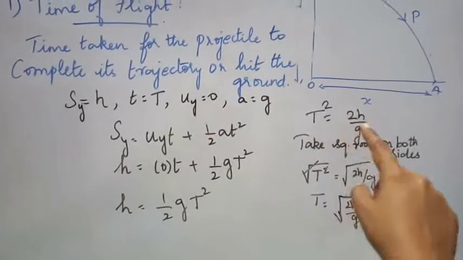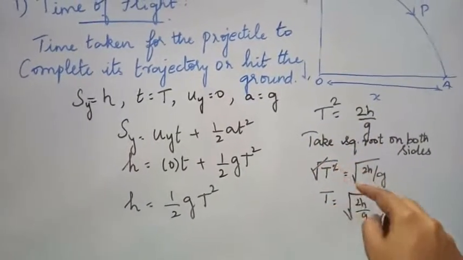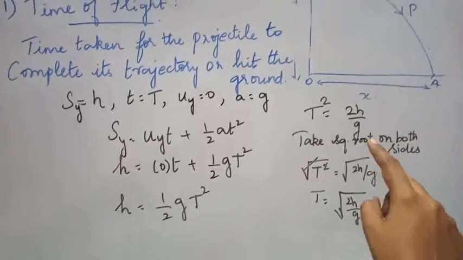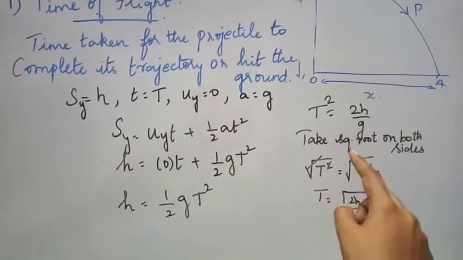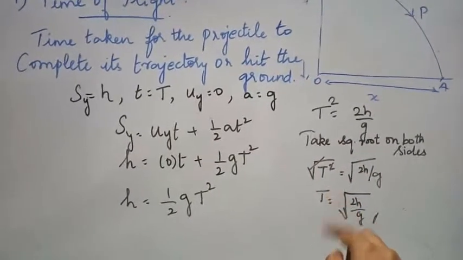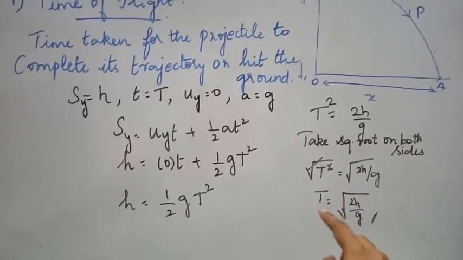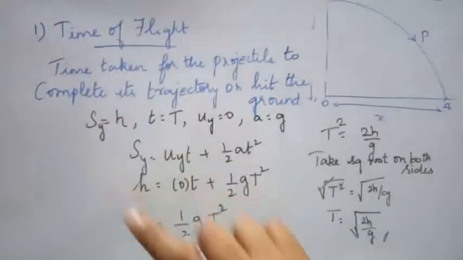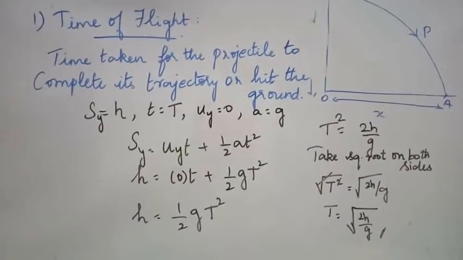So take square root on both sides. So square root of t square is equal to square root of 2h by g. In this, t square and square root will get cancelled off. You will be getting t. So t is equal to root of 2h by g. This t is the time of flight that we have to calculate. So this is the final value of time of flight.